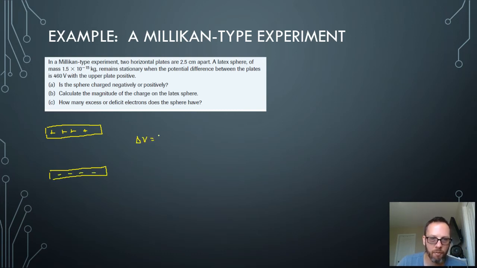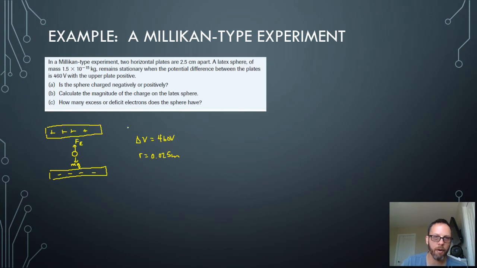Potential difference of 460 volts. So the difference in potential from the low region, negative, to the high region, 460 volts. And we're told the plate separation, 2.5 centimeters, so 0.025 meters. And we have this latex sphere, and gravity is pulling it down, electric force pushing it up.